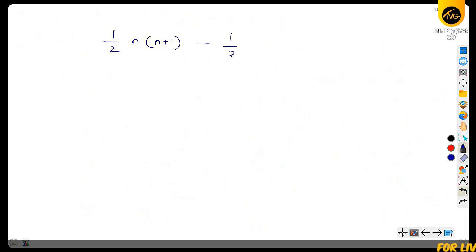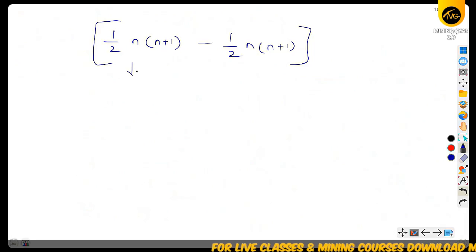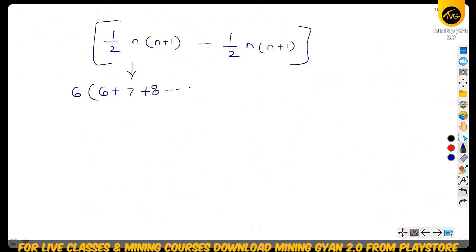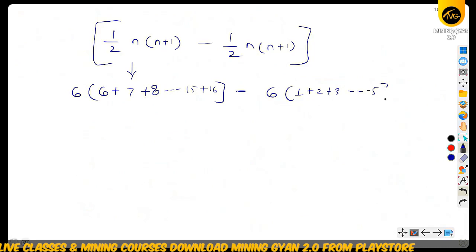You can also solve this question like this: 1 divided by 2, n into n plus 1, minus the smaller portion. Now what is the series? The second portion is 6 into 6 plus 7 plus 8 and so on up to 15 and 16. The first portion is 6 times 1 plus 2 plus 3 up to 5.